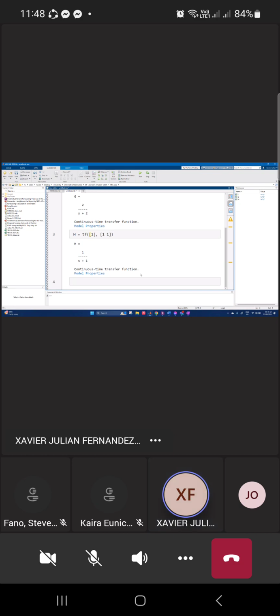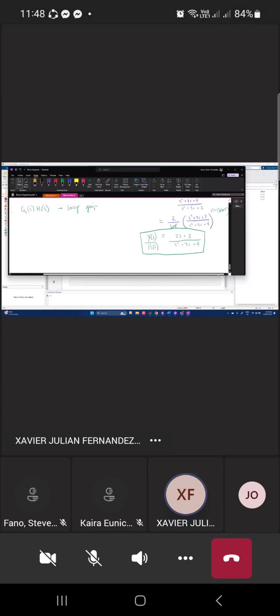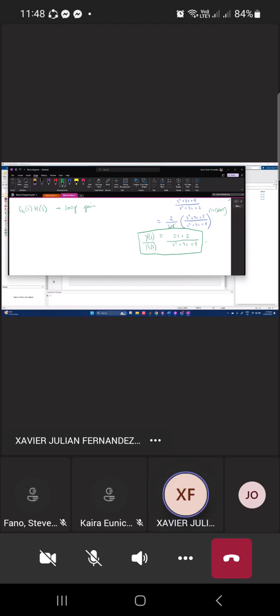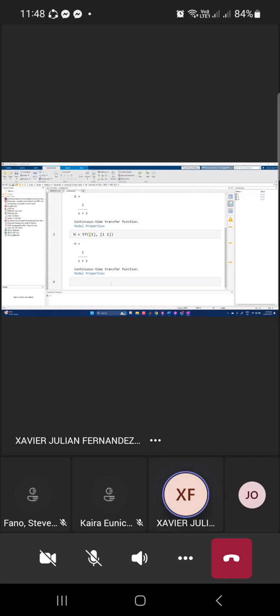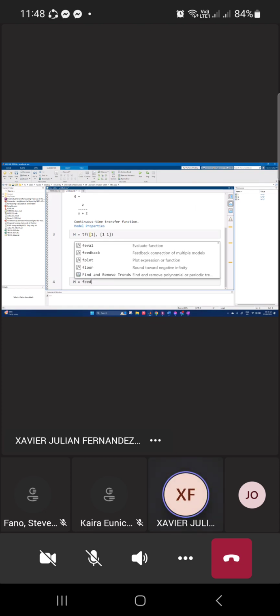You make use of the feedback command. Let's call the result M(s) to keep it simple. The feedback command has mainly three arguments.